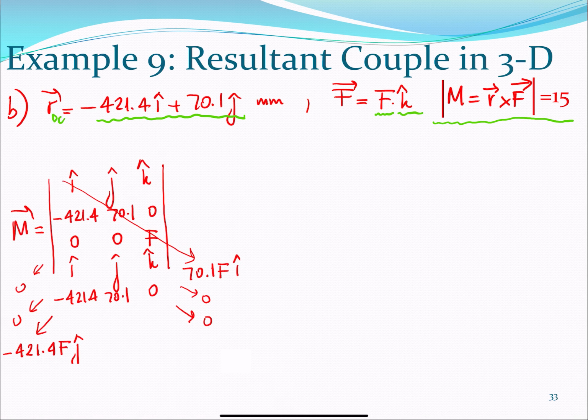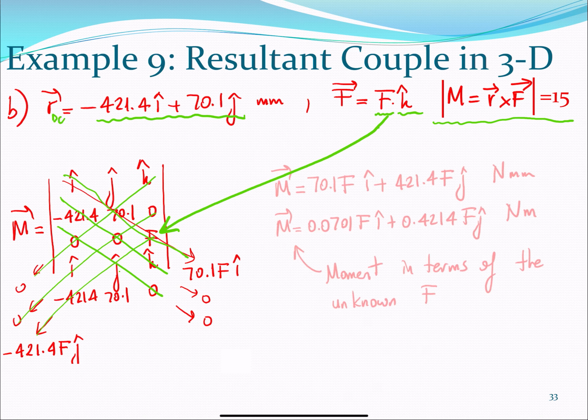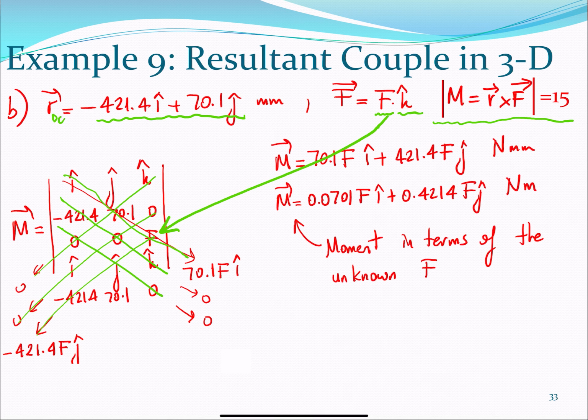So I can work backwards, for example, here, and I can maintain my force and leave it as a variable in my cross product. So once I do my products, 0, 0, some value, j hat, and then some value i hat, 0, 0, I find that my moment is equal to this.